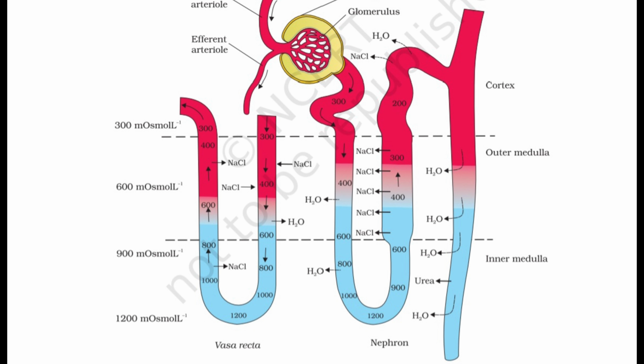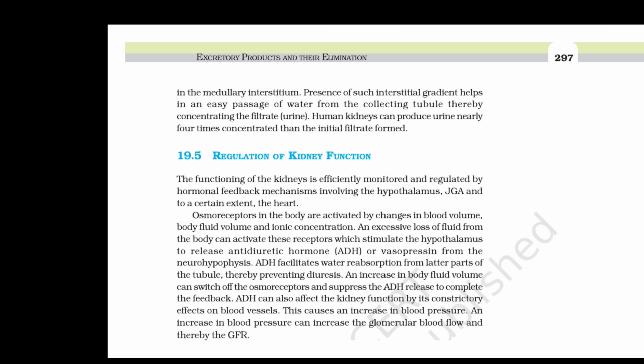This mechanism helps to maintain a concentration gradient in the medullary interstitium. Presence of such an interstitial gradient helps in an easy passage of water from the collecting tubule, thereby concentrating the filtrate, that is urine. Human kidneys can produce urine nearly 4 times more concentrated than the initial filtrate formed.